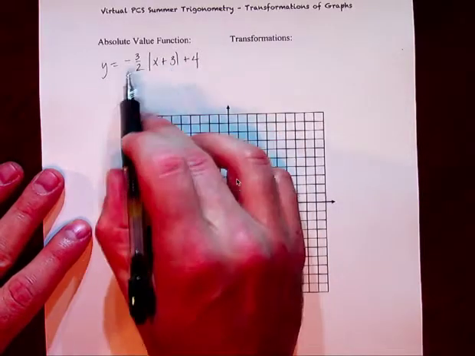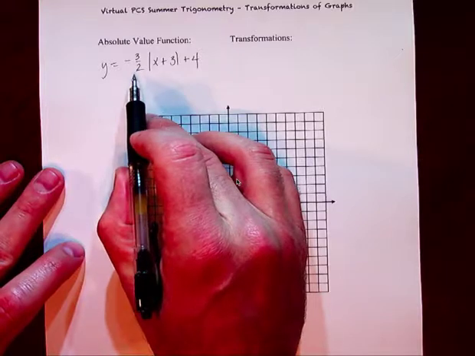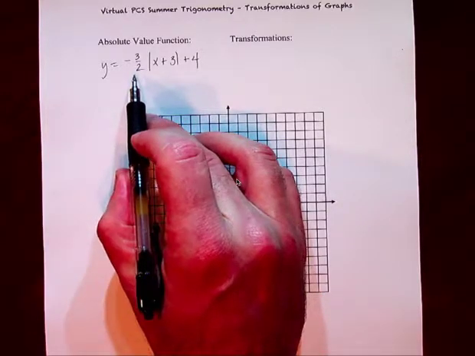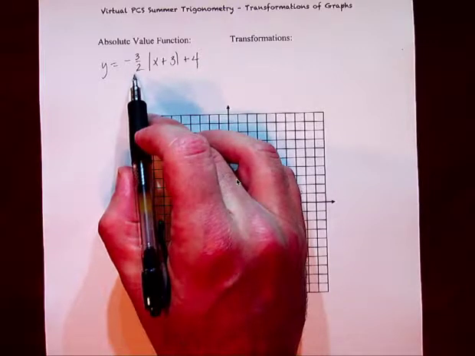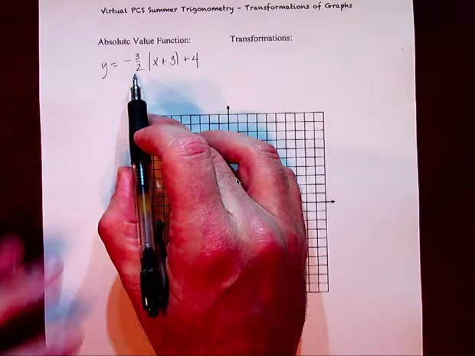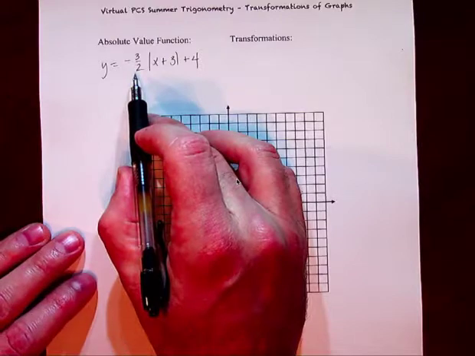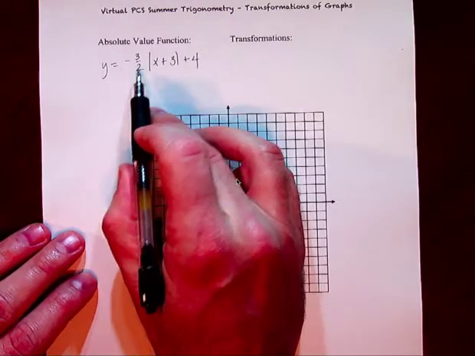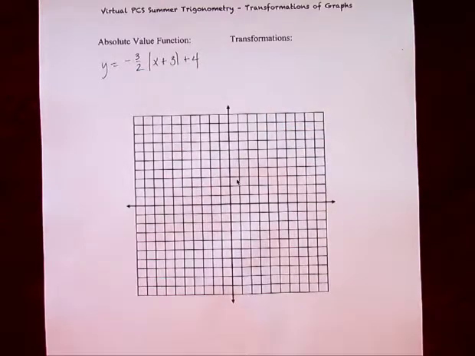We have an a value that has sort of two aspects to it, right? We have its size, its magnitude, or what we usually refer to as its, ironically enough, absolute value. Its 3/2ness, okay? And then there's also its negativeness right here. And both of those aspects of that number are going to give us two different transformations.